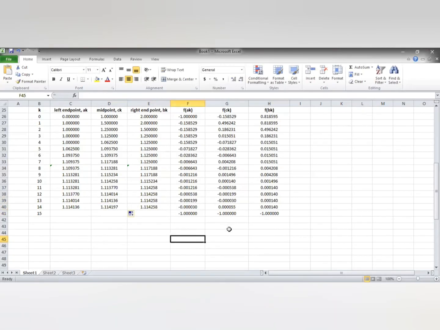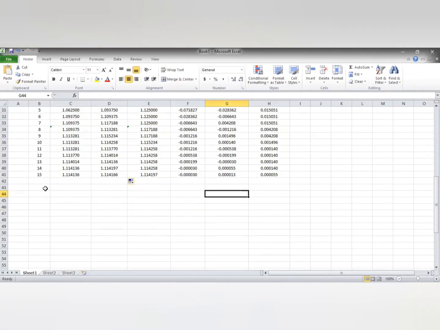Okay, we're almost there. Then, okay, we have A value for the left end, and the B value for the right end. Sorry. Okay, we also have to add our iterations.